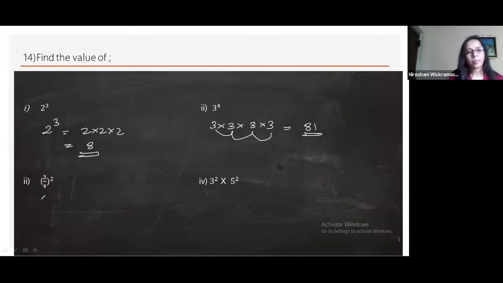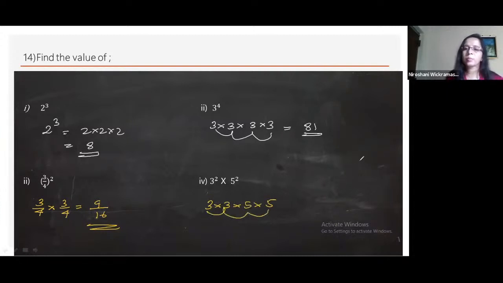Next one, 3 squared over 4 squared into 5 squared over 3 squared: 3 into 3 into 5 into 5, 3 times 3, 9 times 5, 45 times 5, 225. 9 into 25.